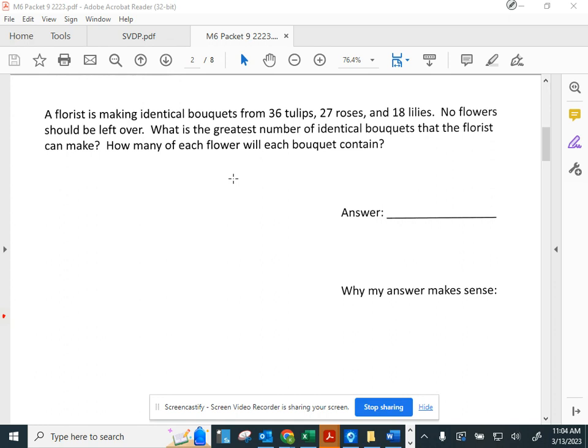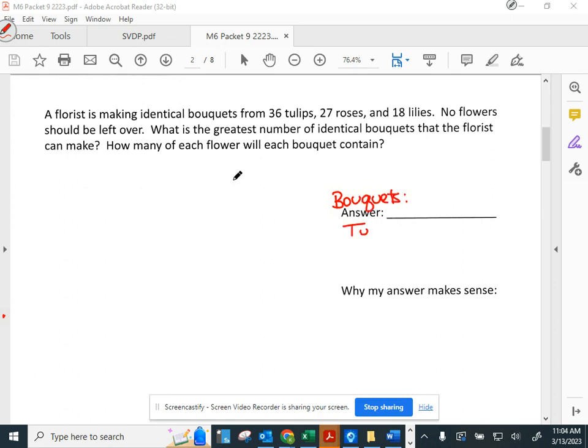A florist is making identical bouquets from 36 tulips, 27 roses, and 18 lilies. No flower should be left over. What is the greatest number of identical bouquets that the florist can make? And how many of each flower will each bouquet contain? So your answer, you're going to have how many bouquets?